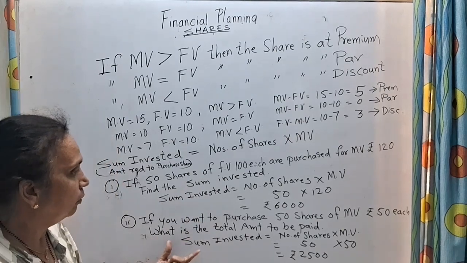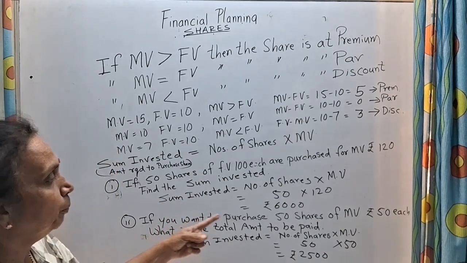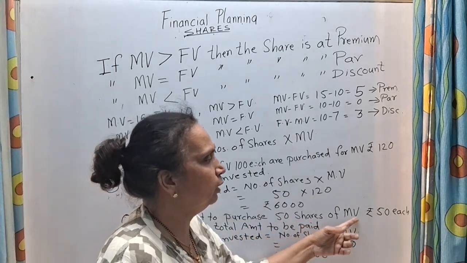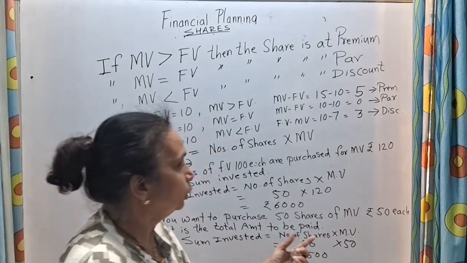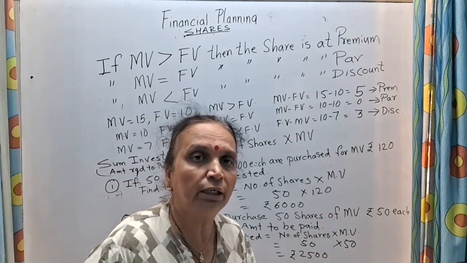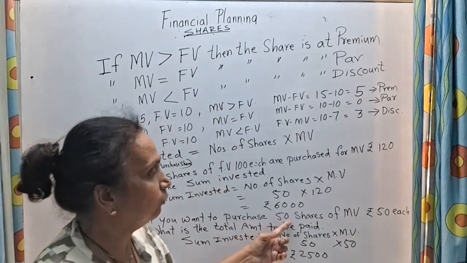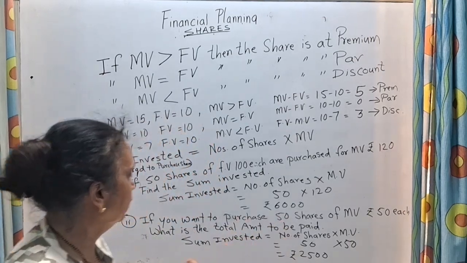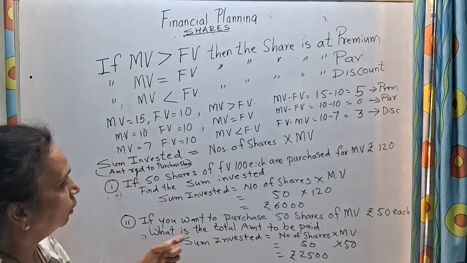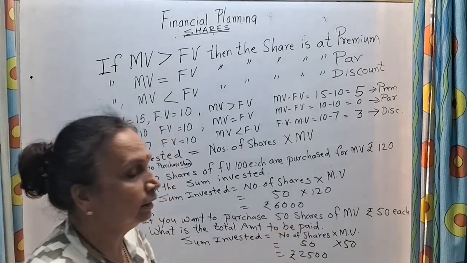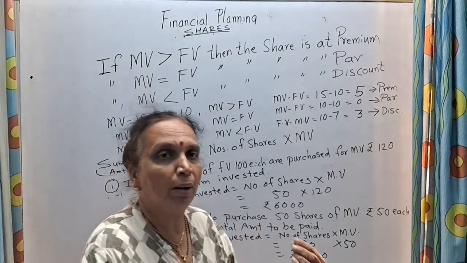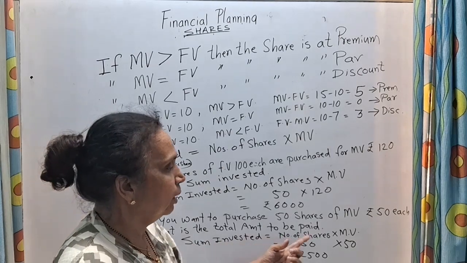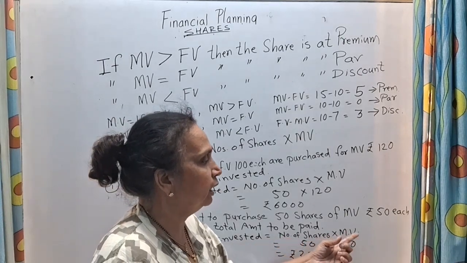One more example we will take. If you want to purchase, now here they have mentioned purchase 50 shares of market value rupees 50 each. So market value of the share is 50 and the number of shares required by you to purchase is 50 given. So naturally the total amount to be paid, that is the amount which is going to go from my pocket, will be the sum invested, that is the number of shares into market value.